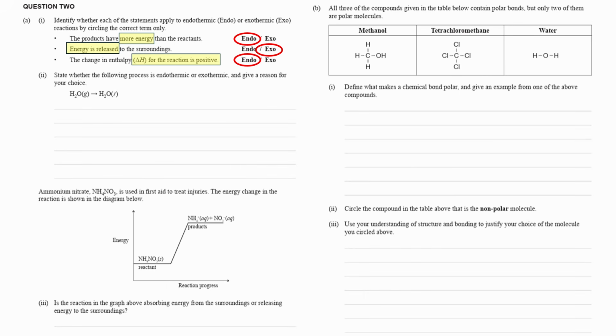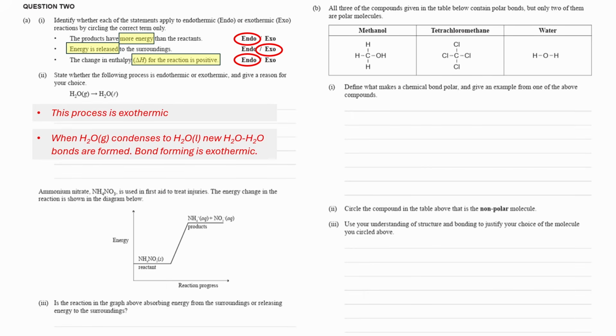The next bit says, state whether the following process is endothermic or exothermic. Give your reason. We can see the process here is water gas going to water liquid. We know that water gas has no bonds between the gas particles, and water liquid does have bonds. So we have bonds forming. This process is exothermic. When H2O gas condenses to H2O liquid, new H2O to H2O bonds are formed.